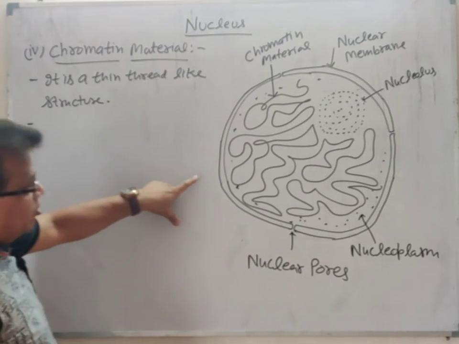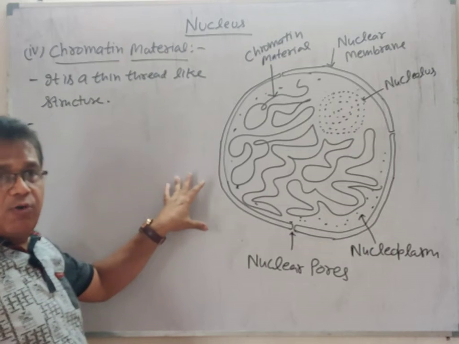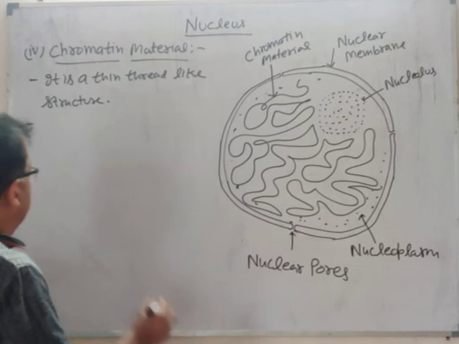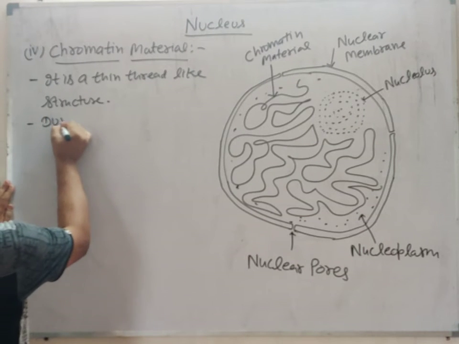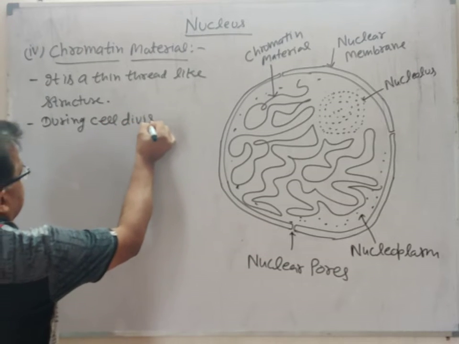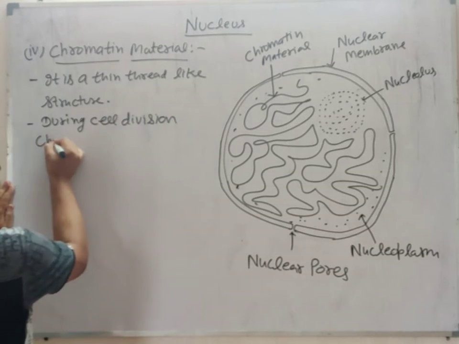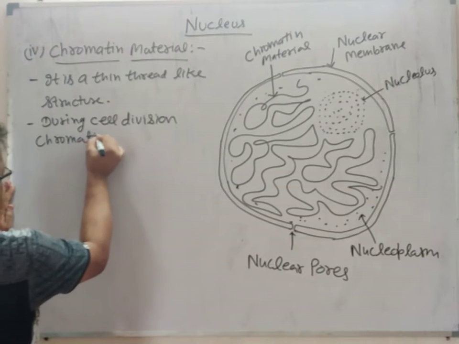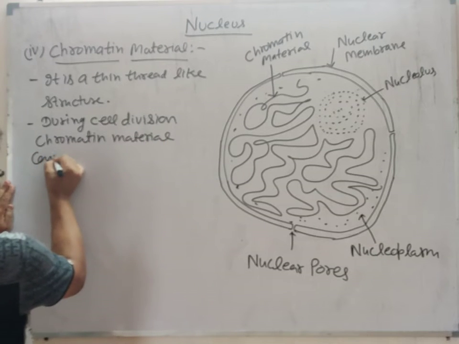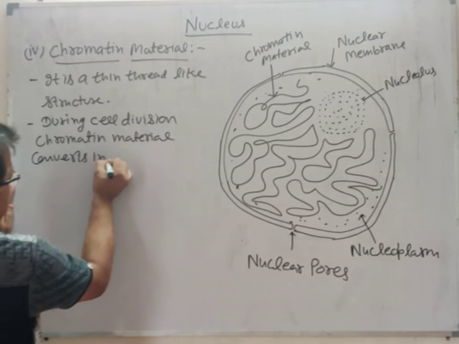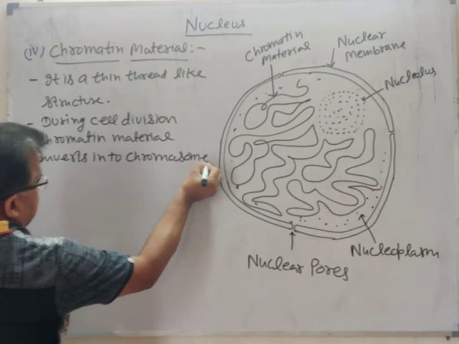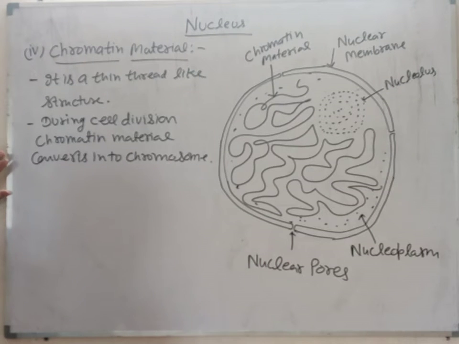One important point about this is that when the cell is about to divide, during cell division, this chromatin material converts into chromosome. Chromatin material converts into chromosome.